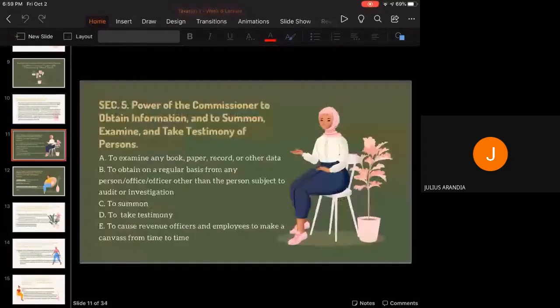Section 5. So these are the powers of the Commissioner to obtain information, summon, examine, and take testimony of persons.